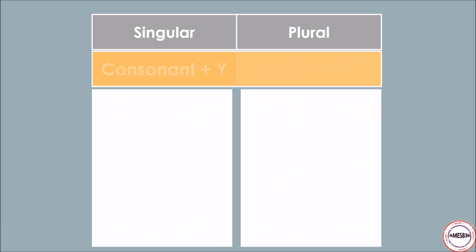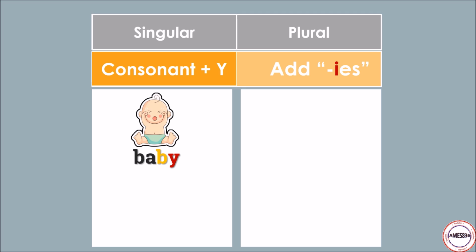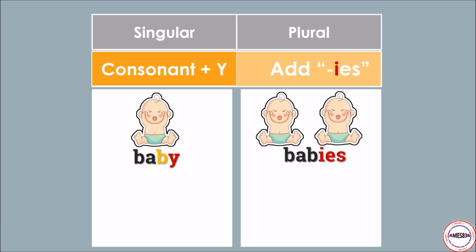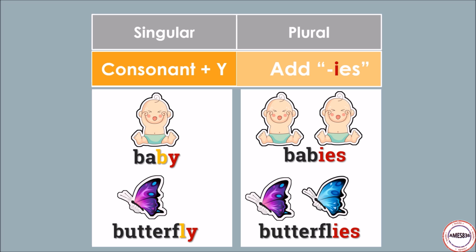When a noun ends in consonant plus y, we drop the y and add ies to the end of the word. Baby, babies. Butterfly, butterflies.